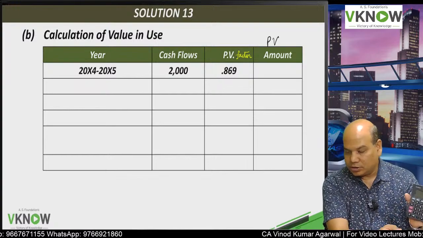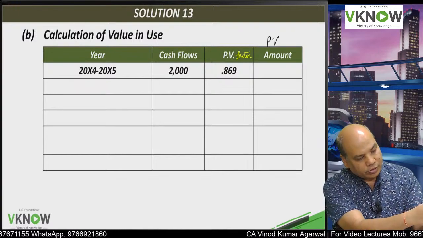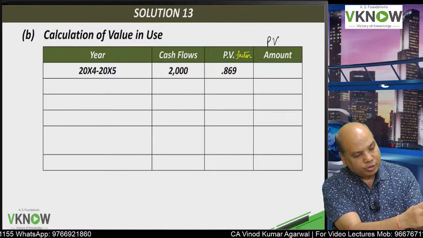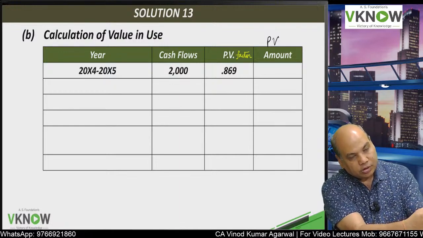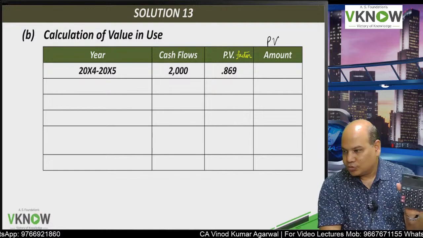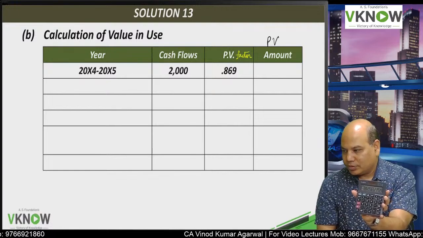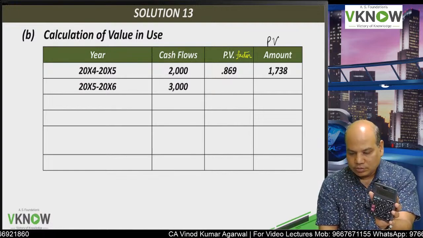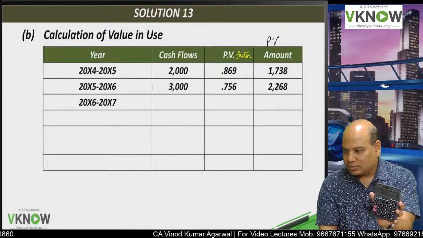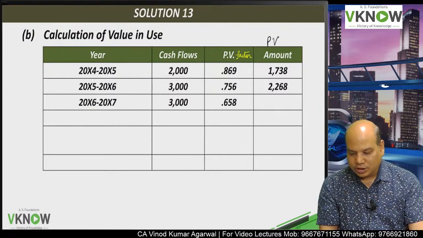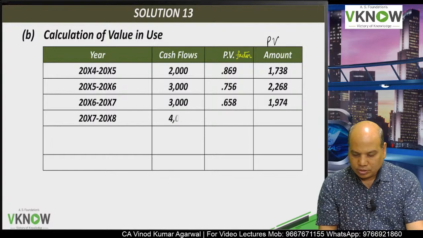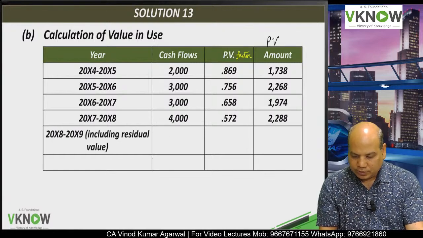I will explain again. This is your 1 divided by 1.15 and press equal to. So you will get the factor. Press equal to again, you will get the next factor. Press equal to again, you will get the next factor. Press equal to again, you will get the next factor.